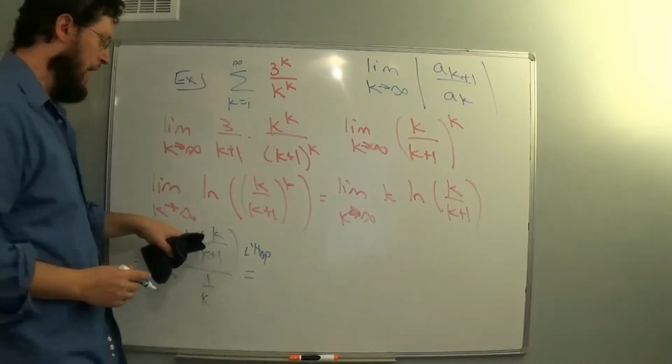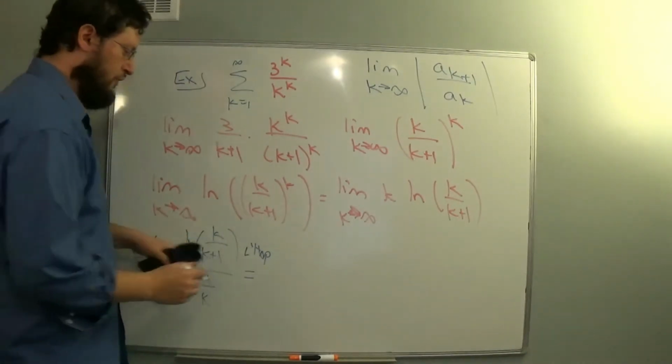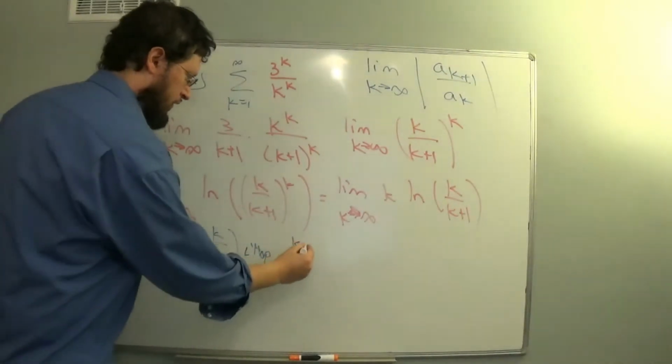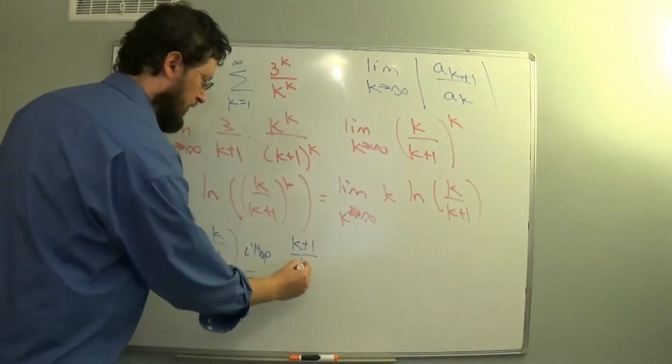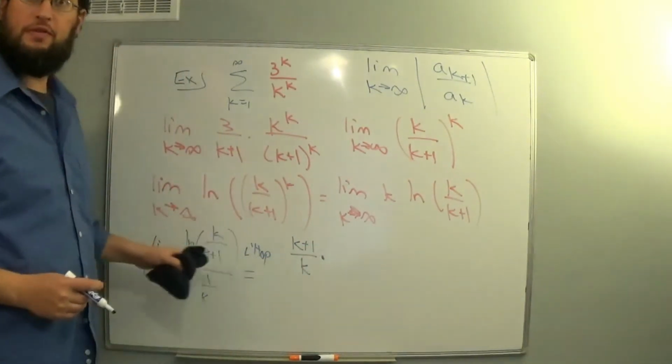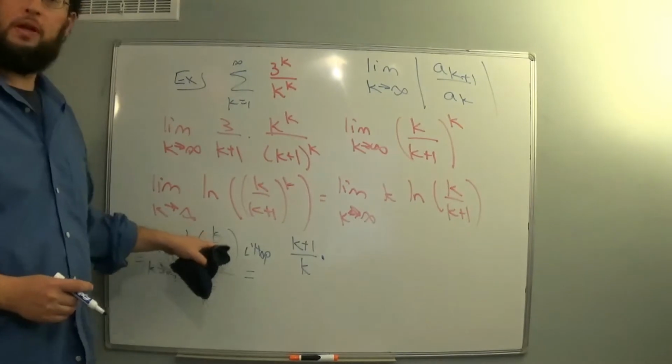The derivative of the top: the derivative of ln is 1 over, so 1 over a fraction is the flip of the fraction, so that's k plus 1 over k, times the derivative of what's inside. We have to apply the quotient rule.